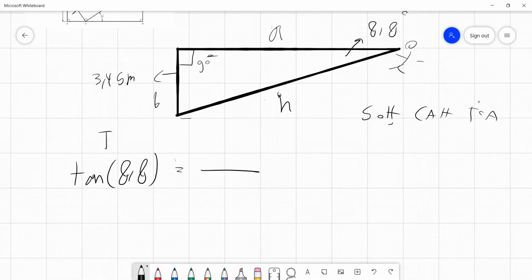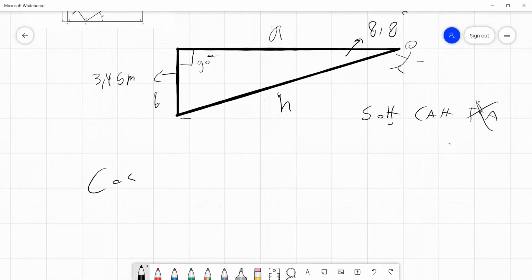Tangent, TOA, opposite, which is B, over A, and B we know, which is 3.45. But is this useful? We are getting A. I mean, ultimately, of course, we could use Pythagoras theorem, but it's just too long. We're getting A. We don't want A. We want H. We want hypotenuse, okay? So we can forget about tangent for now. So tangent, no good.